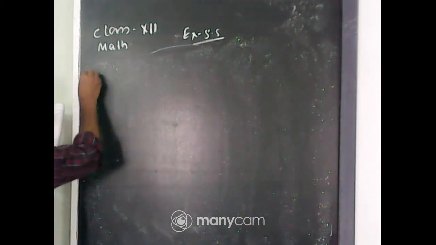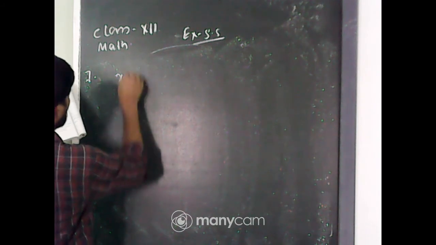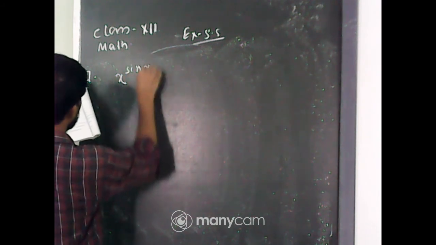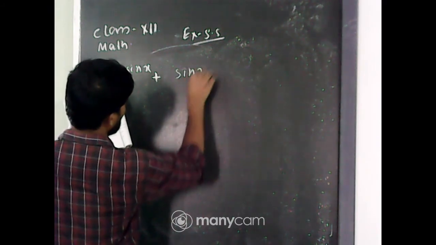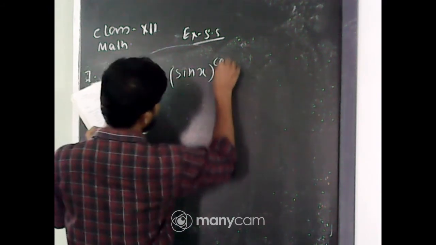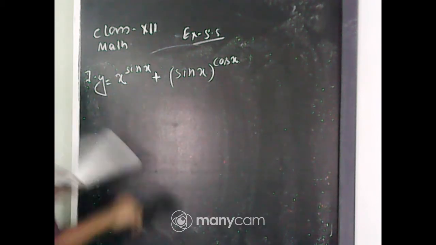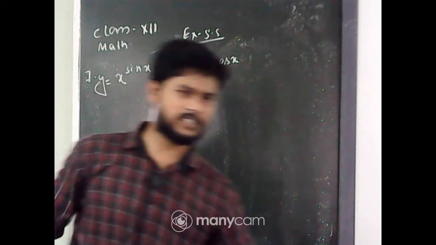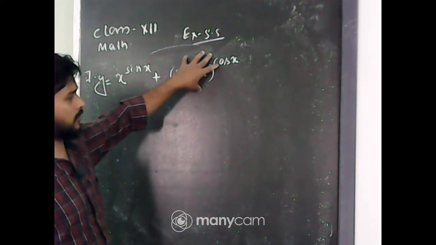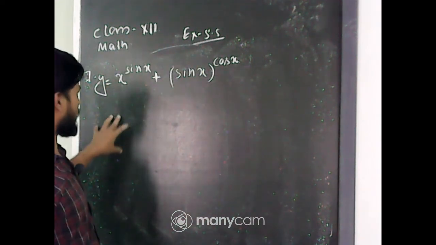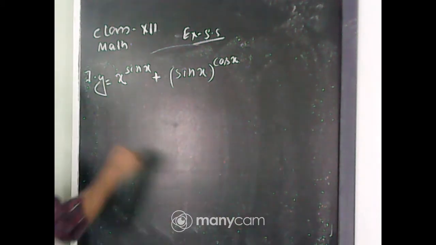Now, question number 7. Question number 7 is x to the power sin x plus sin x to the power cos x. We have to differentiate it. So let us consider y equal to this expression, and by a similar process we will consider this is u and this is v, and separately we will calculate du/dx and dv/dx, as we have done in the previous question.